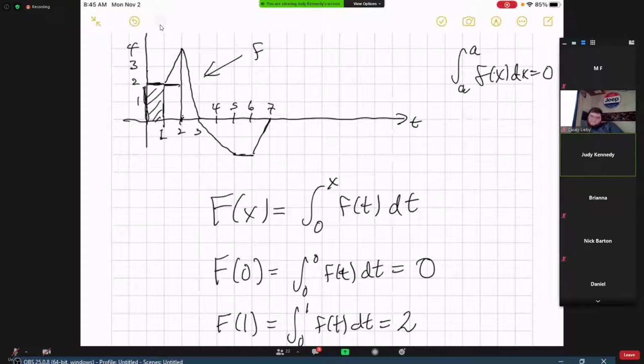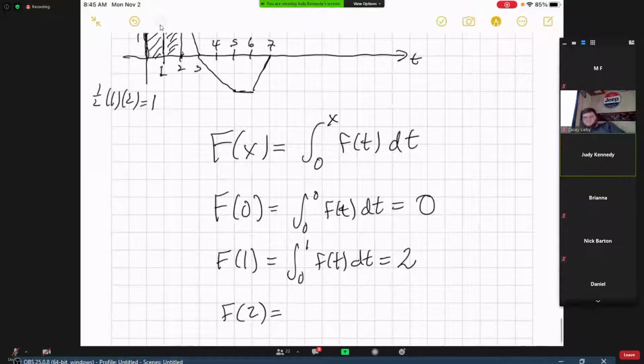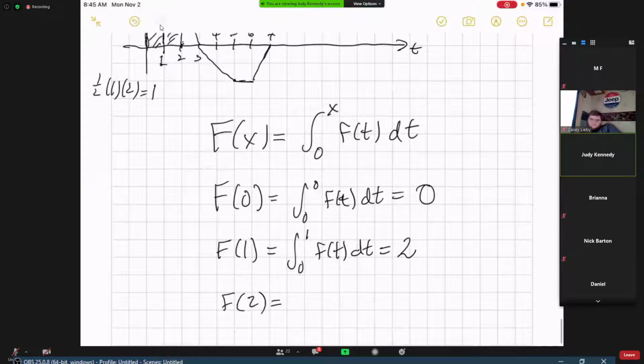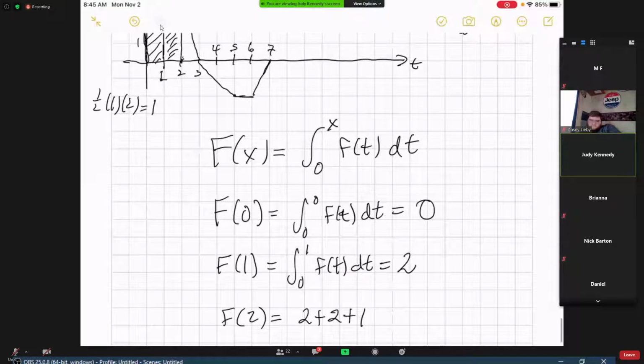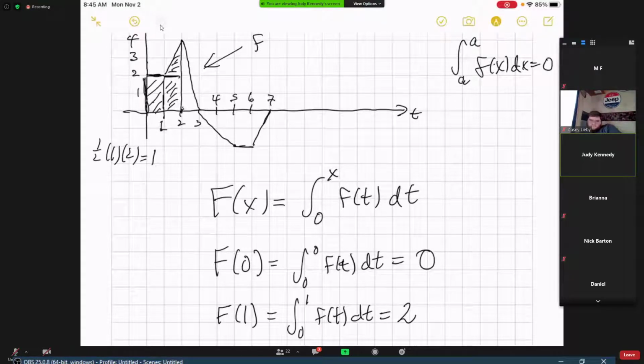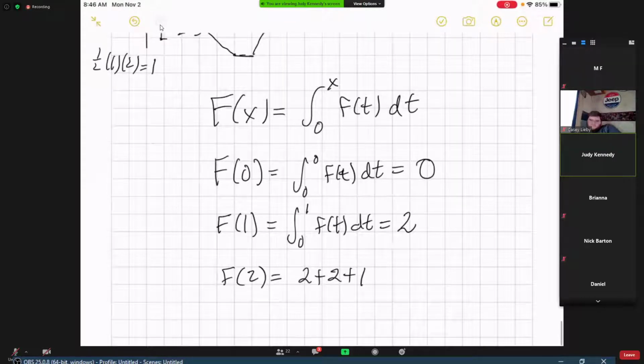The area of this piece is 2. And the area of this triangle would be 1/2, base is 1, height is 2, it's 1. So F of 2 would be 2 plus 2 plus 1, because it's an area. It'd be the area of this rectangle plus the area of that rectangle plus the area of that triangle. So it's 5.